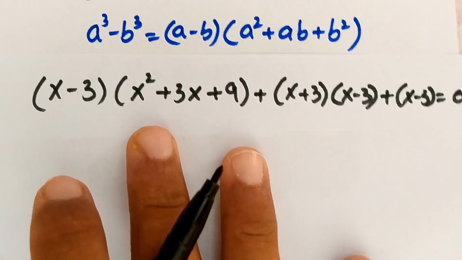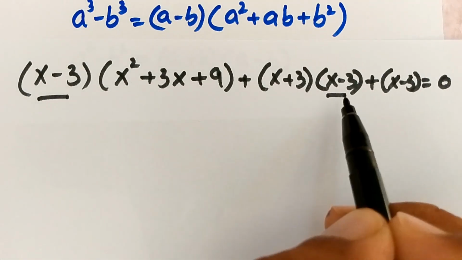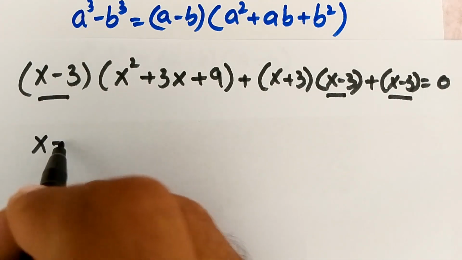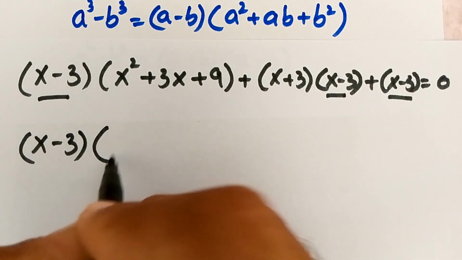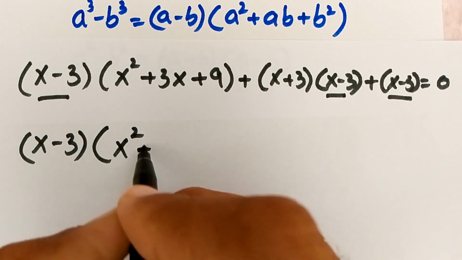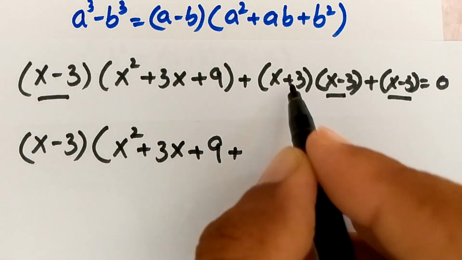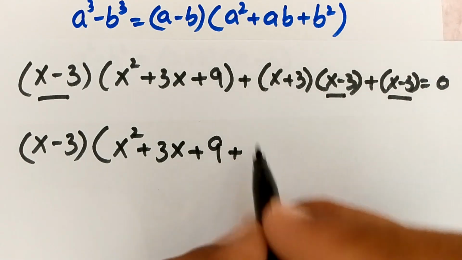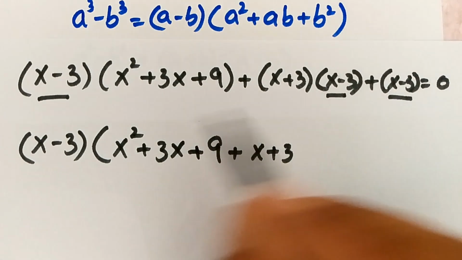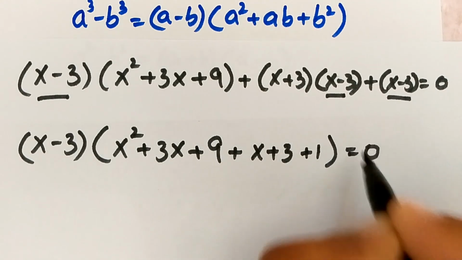Now here x minus 3 and x minus 3 are common, so we have to take x minus 3 common. So here this divided by x minus 3 is equal to x square plus 3x plus 9, and plus this divided by this, here x plus 3 left, and this divided by this here 1 left, which is equal to 0.